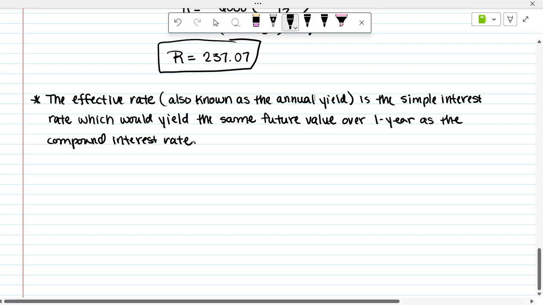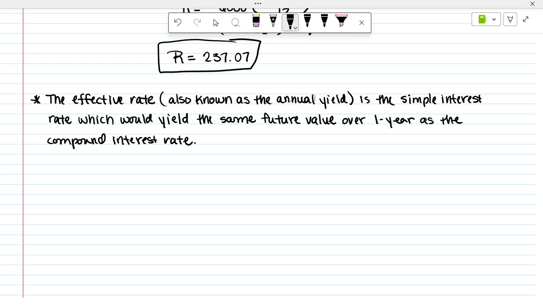Guys, we use the effective rate to measure which one is actually going to pay us more money. So what you'll do is you'll have 2 different scenarios. They'll go, I'll pay you this much interest rate compounded quarterly for this many years. And you'll have a local investment competitor going, well, I'll pay you this interest rate, maybe compounded semi-annually.